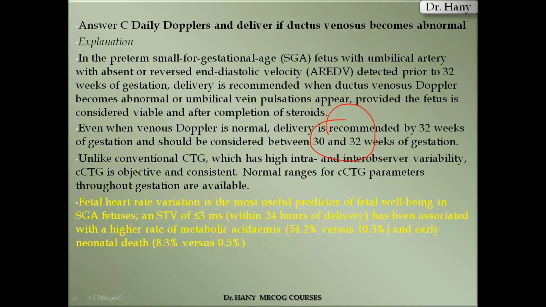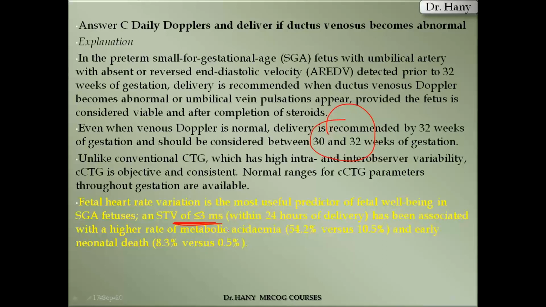If the short-term variability is 3 or less within 24 hours of delivery, it has been associated with a higher rate of metabolic acidemia, about 54% versus 10% if it is normal, and early neonatal death about 8.3% versus 4.5%.